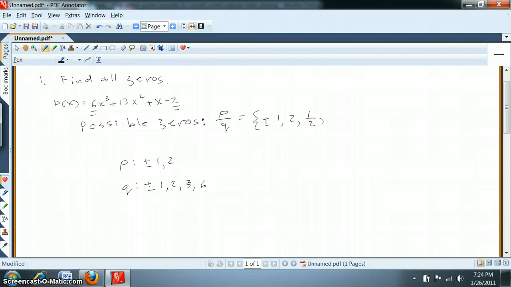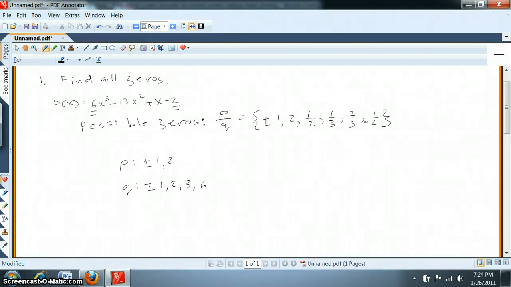Then we have 1/3, so we keep going down the list. Then we have 2/3. Then we have 1/6, and then we have 2/6, but 2/6 actually gives us 1/3, which we already have on the list. So actually we are done. So let us conclude the list.